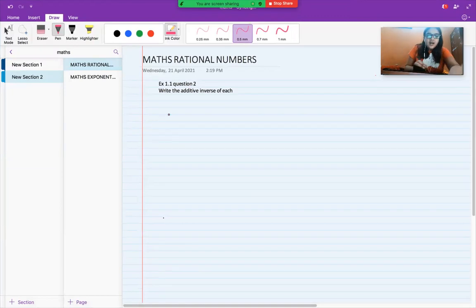So this is our question: write the additive inverse of each. Our first part is 2 by 8.